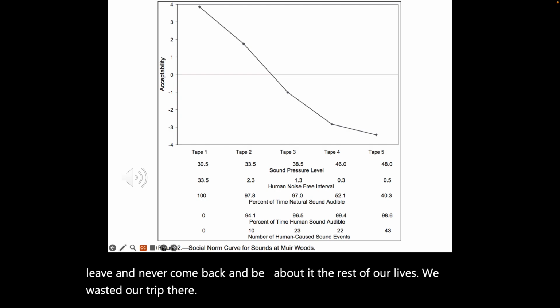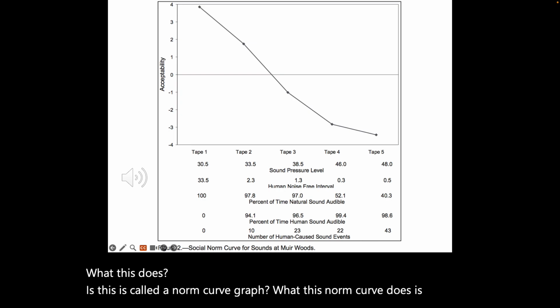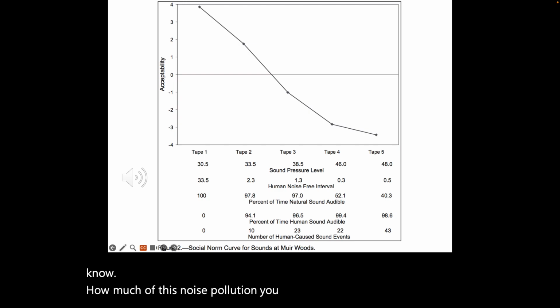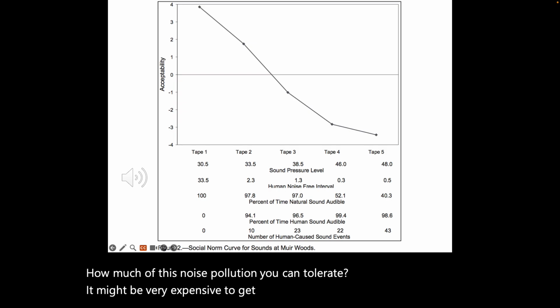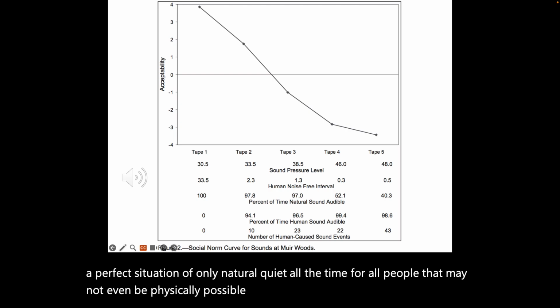What this does is this is called a norm curve graph. What this norm curve does is lets you know how much of this noise pollution you can tolerate. It might be very expensive to get the whole condition for everybody up to a perfect situation of only natural quiet all the time for all people. That may not even be physically possible if you have a noisy highway next to your national park, for example.